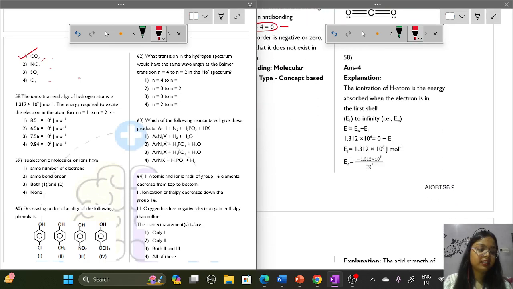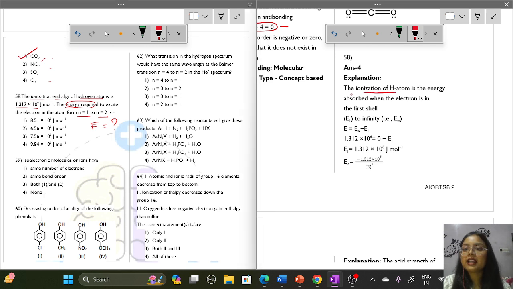Question number 58 says the ionization enthalpy of hydrogen atom is 1.312 into 10 to the power 6 joule per mole. The energy required to excite the electron in the atom from n equals 1 to n equals 2. So here we have to find out the energy. What is the formula for energy in hydrogen atom? The ionization enthalpy of hydrogen atom is the energy absorbed when the electron is in the first shell, that is, E1 to E infinity.